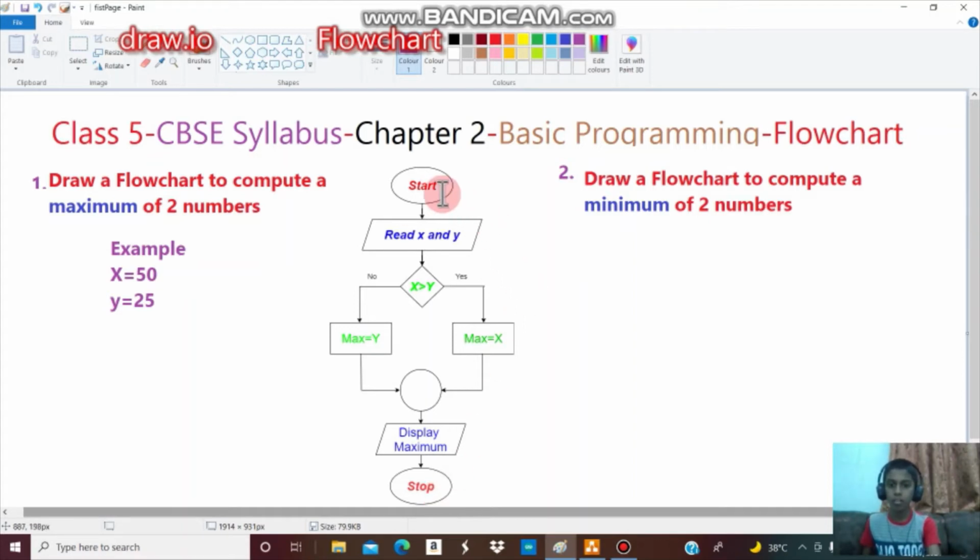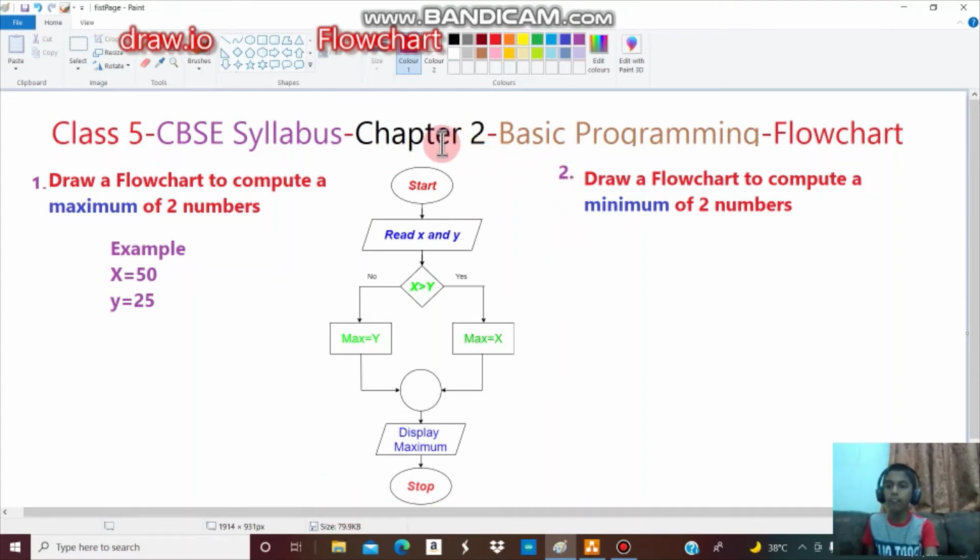So, to make a program like this, you definitely need a decision box. So, what type of program are we looking at?